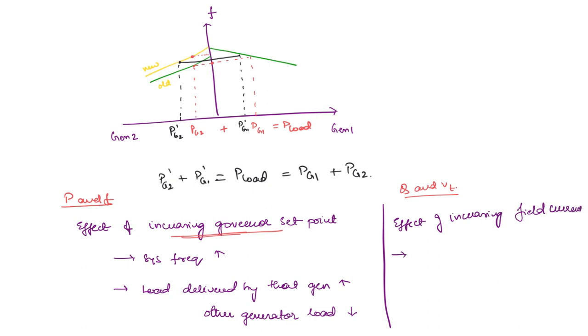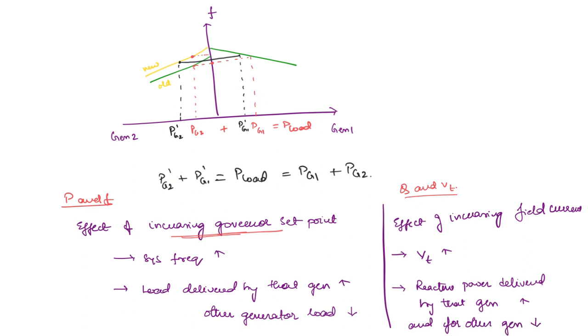Instead of system frequency, the terminal voltage will increase and the reactive power delivered by that generator, the one whose field current we are increasing, is going to increase, and for the other generator it is going to reduce.